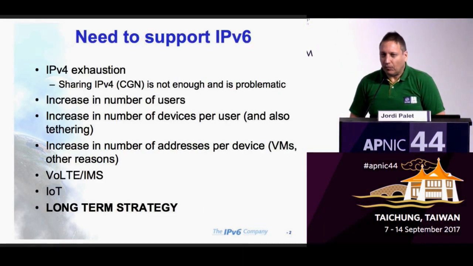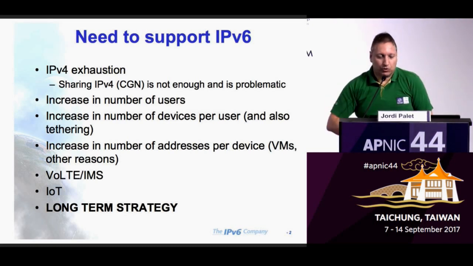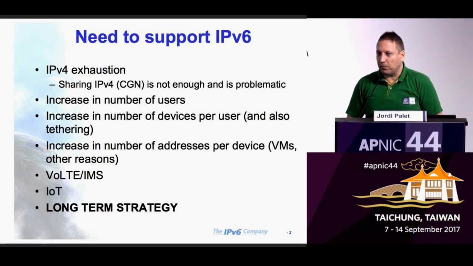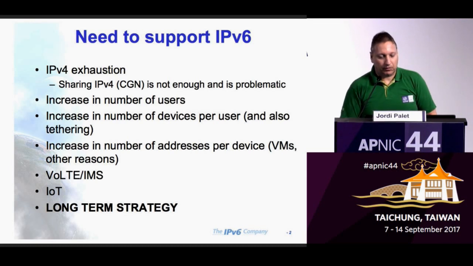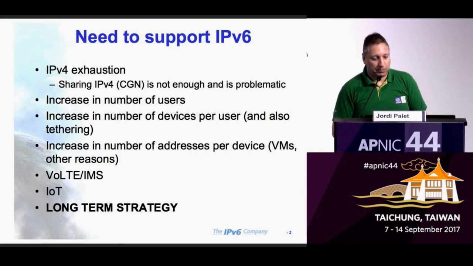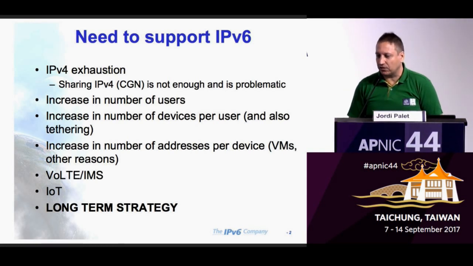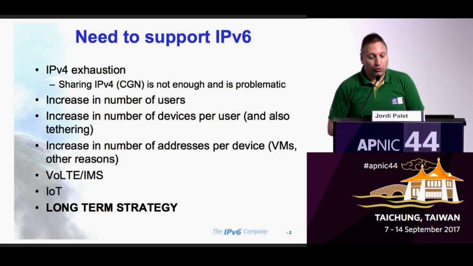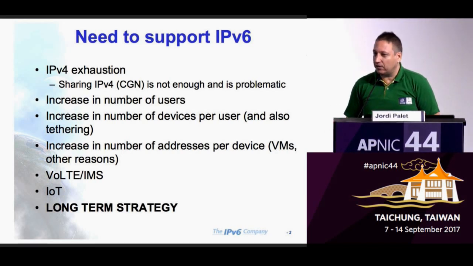So, looking at cellular networks today, I think everybody has a clear view that we really need to support IPv6. We have exhausted IPv4. Of course, we can use carrier-grade NAT. We can use sharing of IPv4 addresses. But that means basically we provide fewer ports to every user.